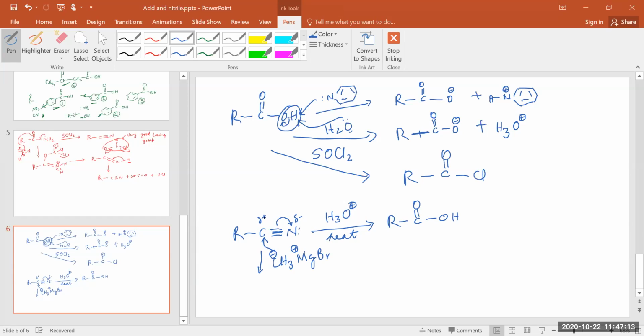Okay. So what will it form? It will form a carbon double bond nitrogen with a negative charge, magnesium bromide as a counter ion, and methyl will be added. Okay. So this will be the intermediate.